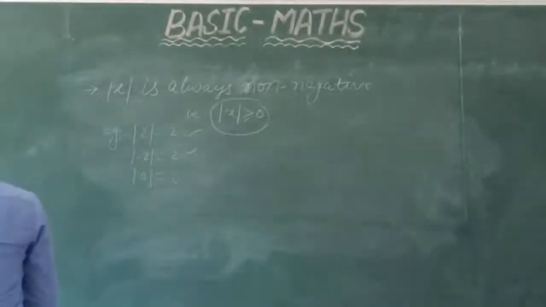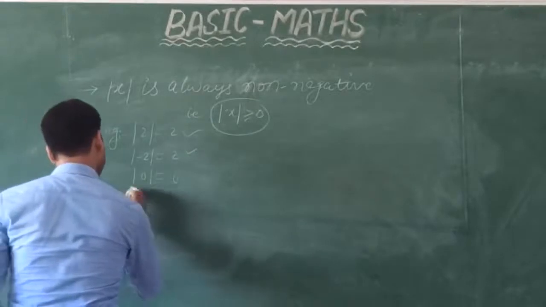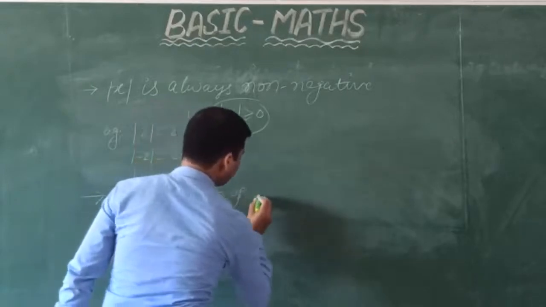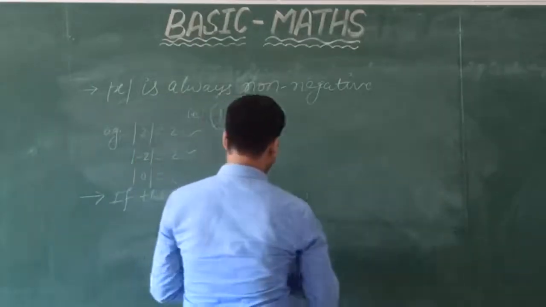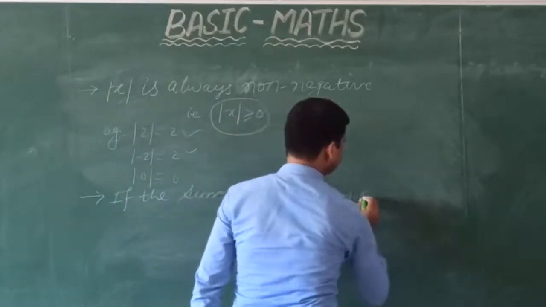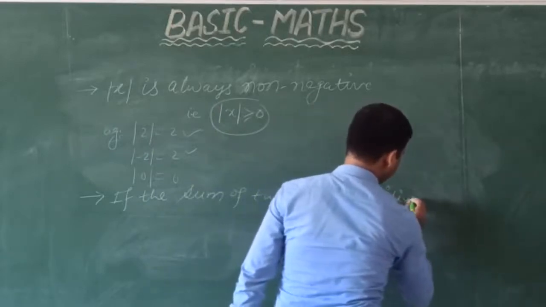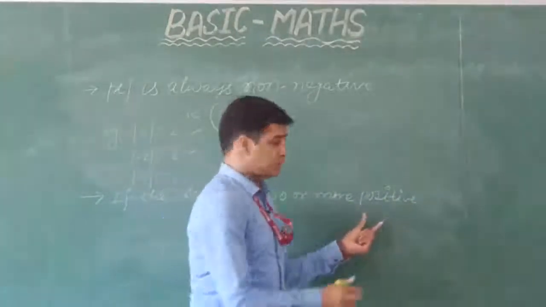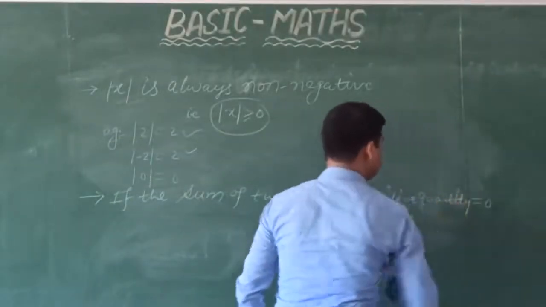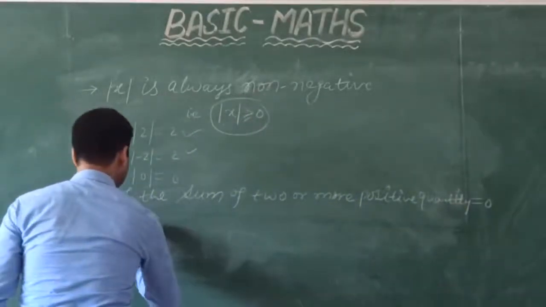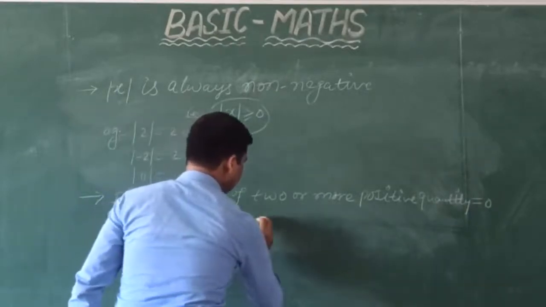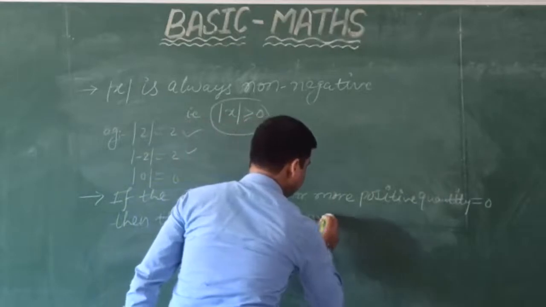Okay, next point is, if the sum of 2 or more positive quantities equals 0, then they all are equal to 0.